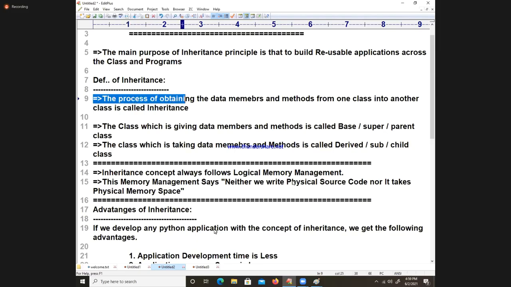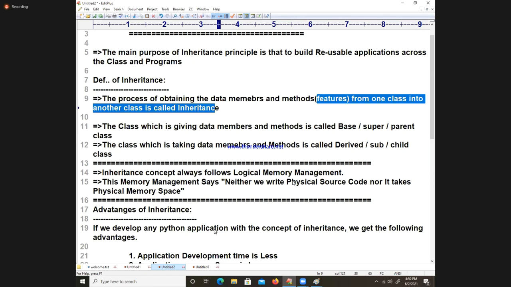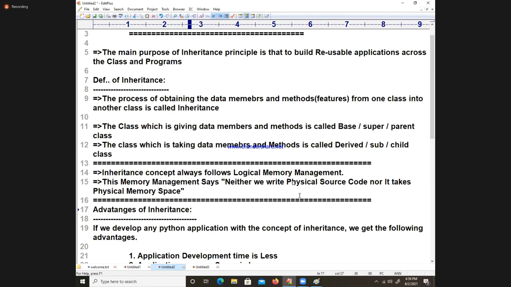The process of obtaining the features of one class, that is data members and methods, into another class is called inheritance. Properties are nothing but data members. Behaviors are nothing but methods. Completely they are called features.